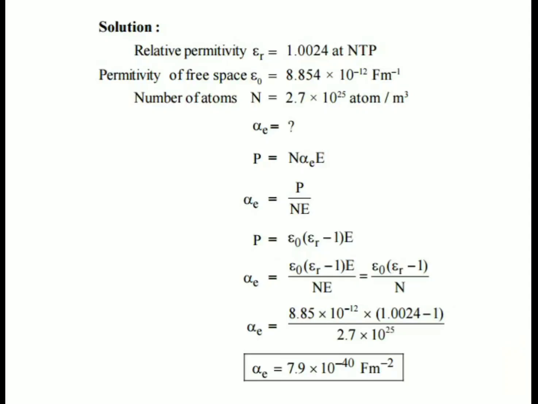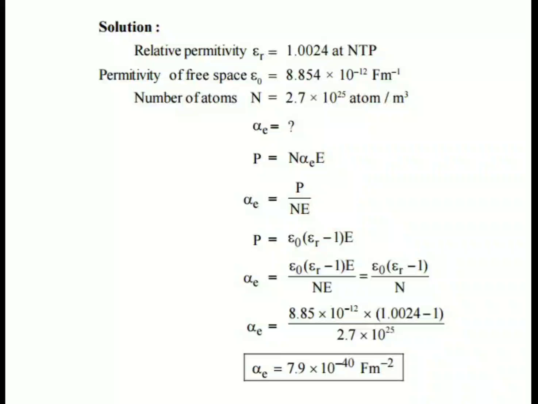So the electronic polarizability formula from this equation is P by N E. Here P is polarization, N is the number of atoms, and E is the applied electric field. But in this problem, there is no value of electric field intensity.